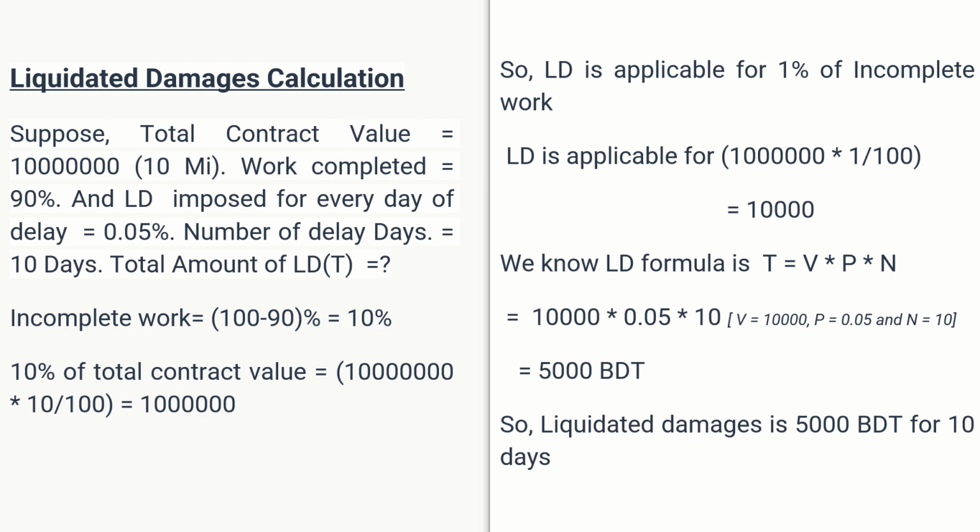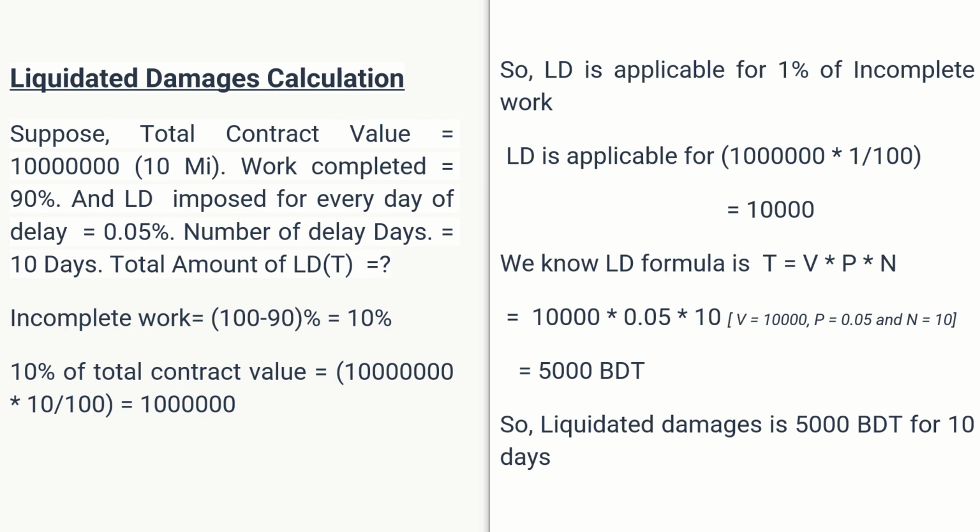You should always remember that if the number of delay days increases, the liquidity damage must increase. Or if the number of delay days decreases, the liquidity damage must decrease. Actually, the liquidity damage imposed is dependent on the contract agreement. I mean, during the contract, how much liquidity damage is imposed for every day of delay.